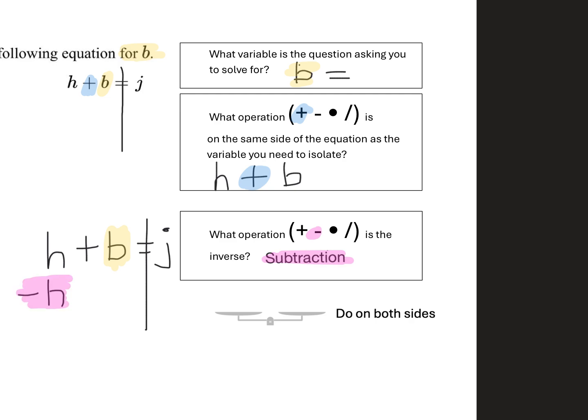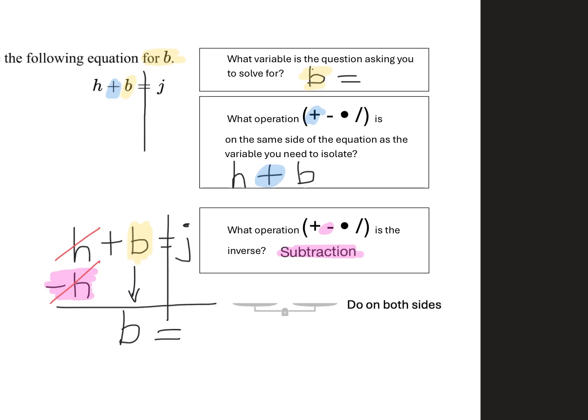Once I do that, because a positive H and a minus H are inverses of each other, those are going to be canceled out. And now my B is isolated on the left-hand side of the equal sign, but because it's an equation, I have to remember to do it on both sides. So I also need to subtract H from the right-hand side of my equal sign.